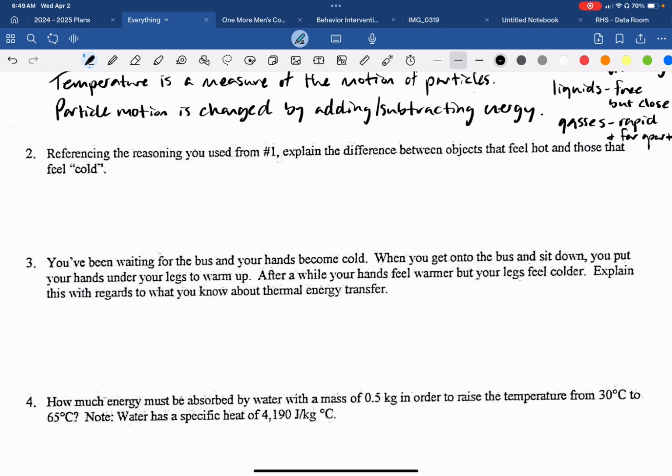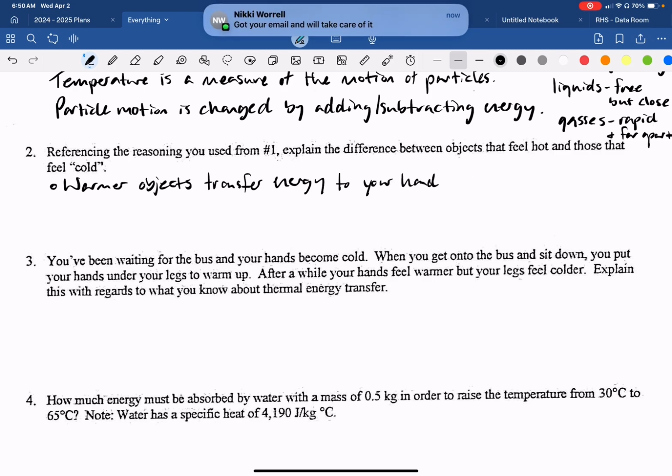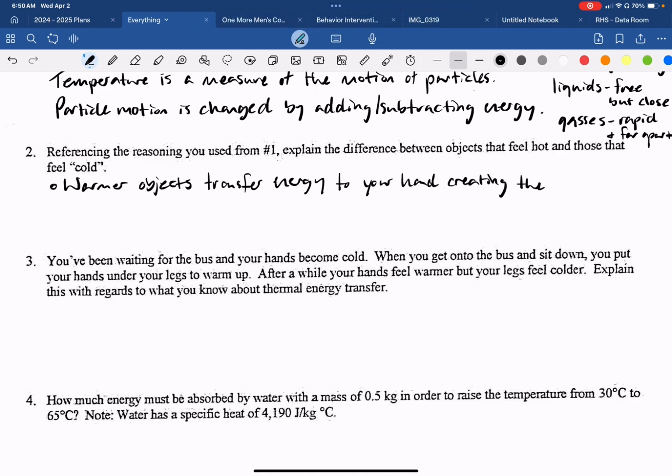So let me write that out. Warmer objects transfer energy to your hand, creating the warm feeling.